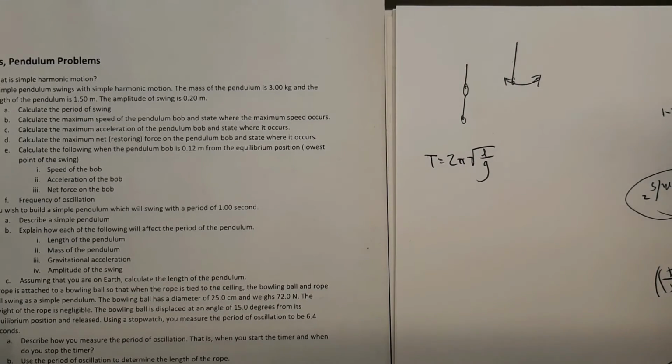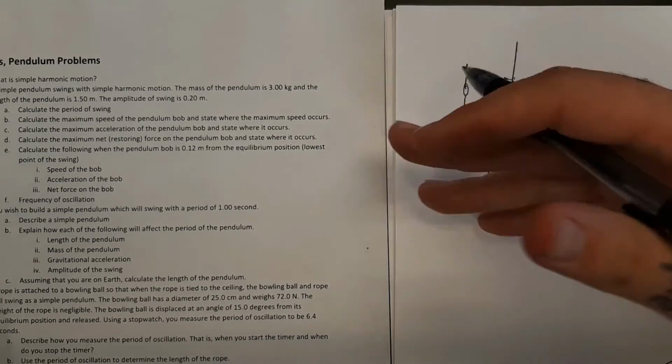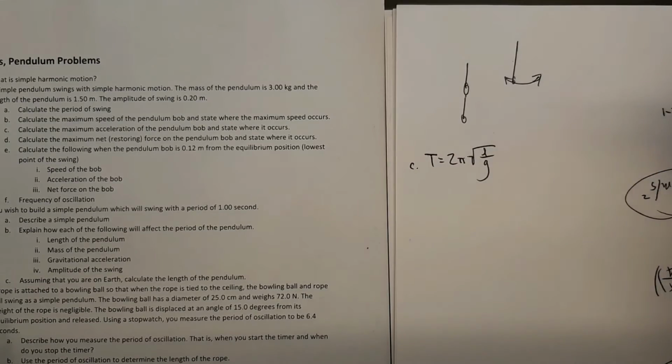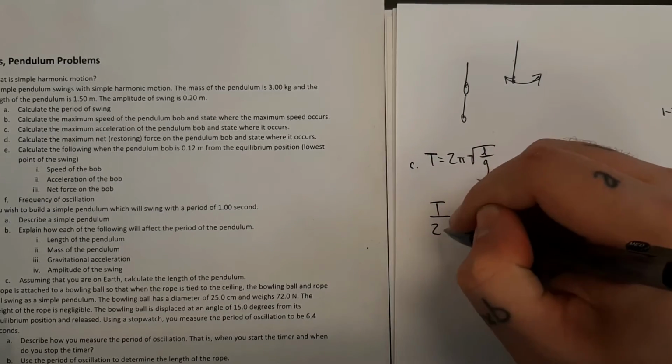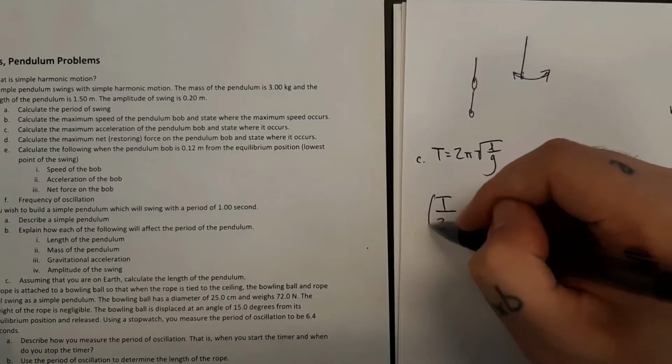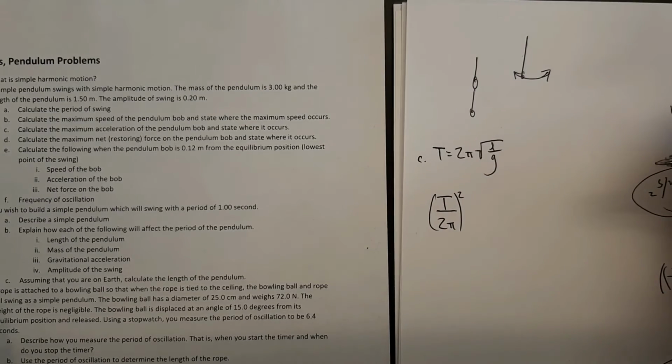C, assuming you're on Earth, calculate the length of the pendulum. So we're using this formula here. We're assuming we're on Earth, so we've got a gravitational acceleration of 9.8, because we're on the surface of Earth. We've got a period of 1 second. We're just solving for L. Moving this around, that's going to be T over 2 pi. Getting that square root off of there means we're squaring it.